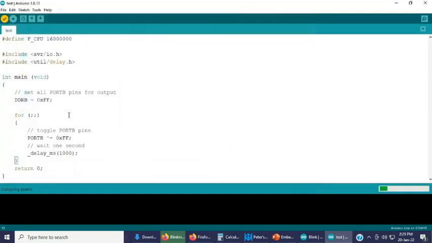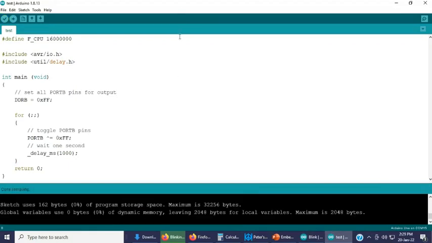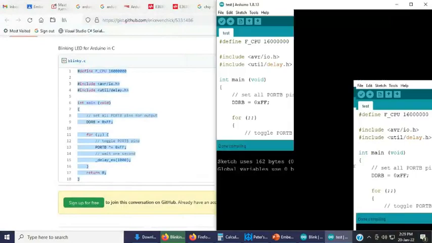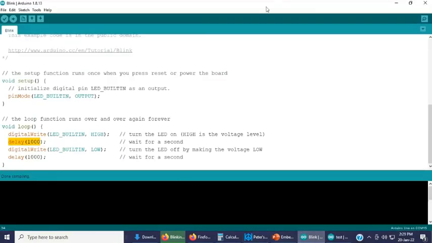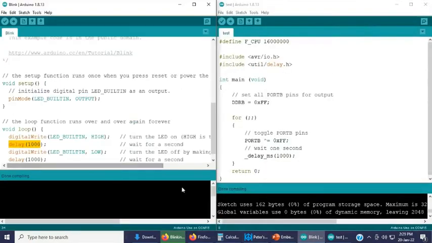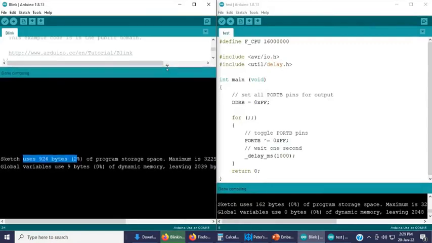Now let us see the difference between the compilation report from the previous and this one. Then after that I will end the lecture, because this is what I wanted to teach today: why we are going for C, and what are the things which motivate an engineer to go for this kind of languages.